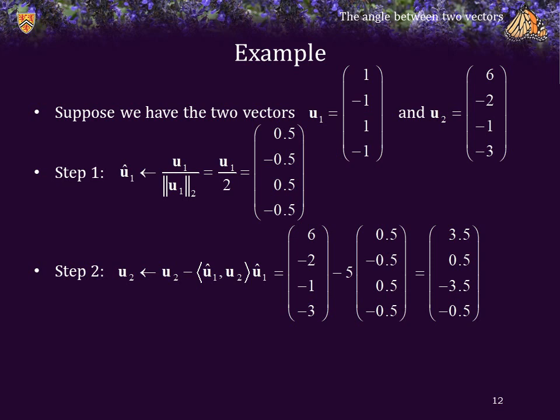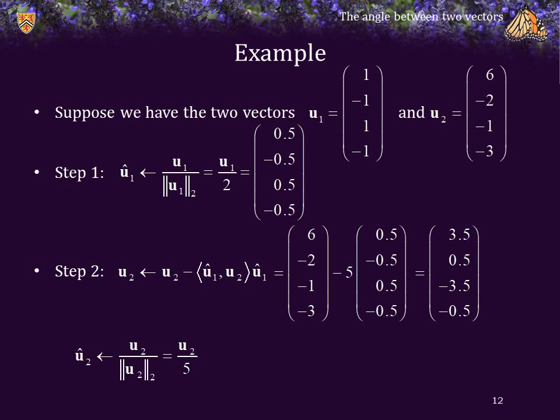And if you look closely, you will observe that this vector is not normalized, but it is now orthogonal to the vector u1 cap. Nice. So now let's just normalize it. To normalize this vector, we just divide the new vector u2 by its 2 norm.